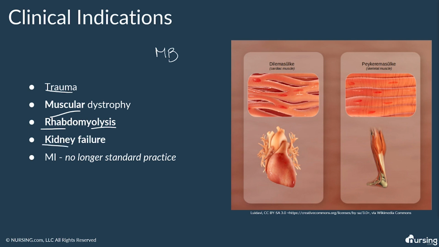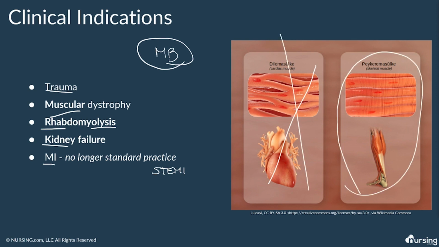If we start to see the myoglobin in the urine, we get that kind of coffee or tea colored urine. And formerly, it was used a lot in diagnosis or detection of STEMI or myocardial infarction. It's no longer standard practice. It's far more reliable as a lab when used for skeletal muscle damage.